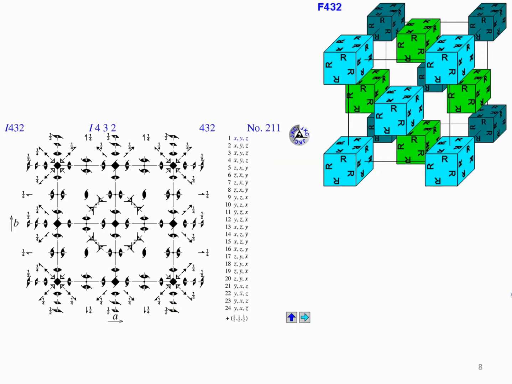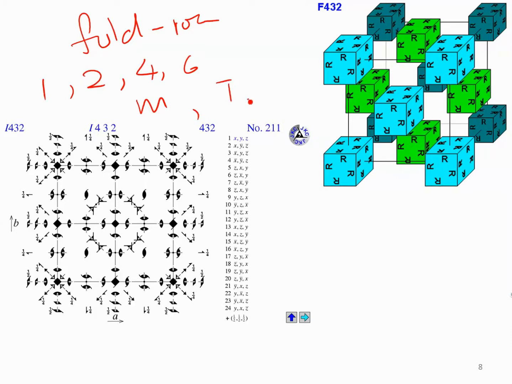So symmetry could be very easy, but a combination of symmetry could be very complex. There are many types of symmetry, like fold rotation, like 2-fold, 4-fold, 6-fold, 1-fold, and so on. We also have the mirror plane, the inversion point, the translation, and so on.